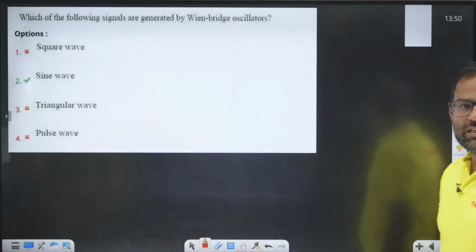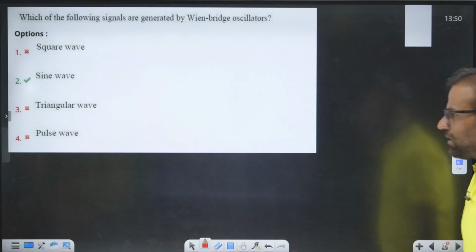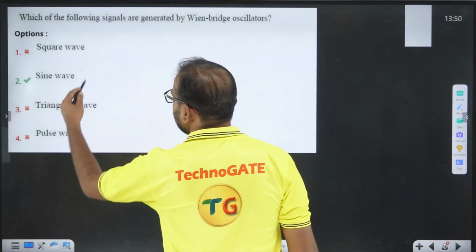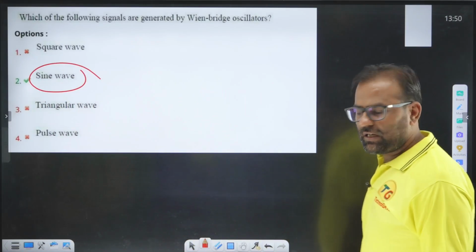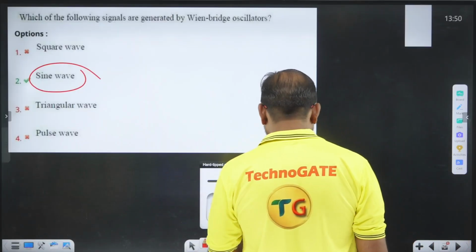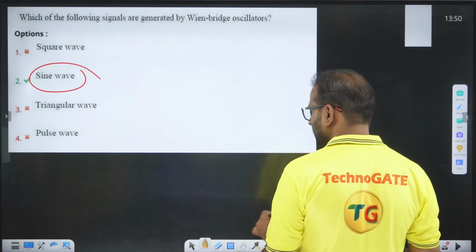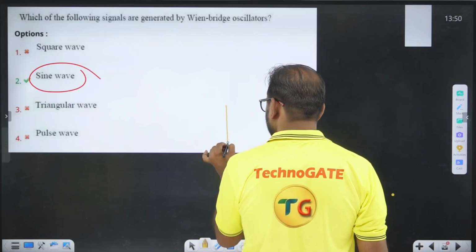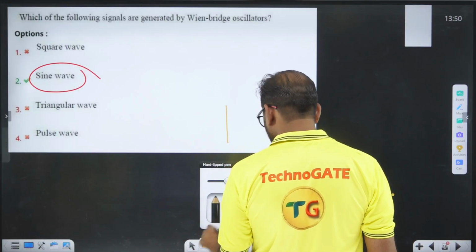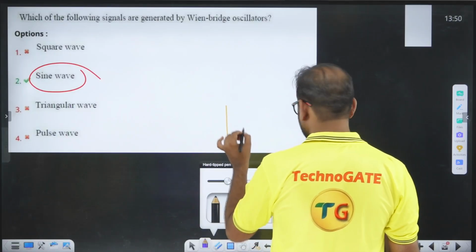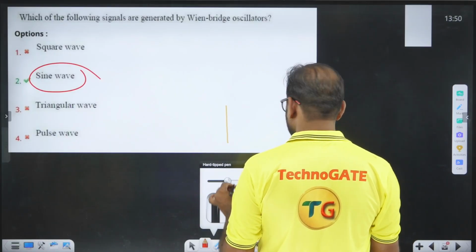Which of the following signals are generated by the Wien bridge oscillator? We have seen in the last slide the Wien bridge oscillator. What is a Wien bridge oscillator? If I want to draw the diagram of the Wien bridge oscillator, it looks like this.